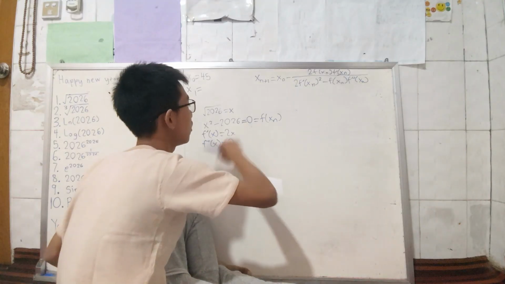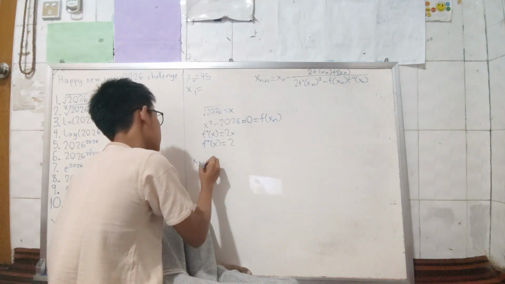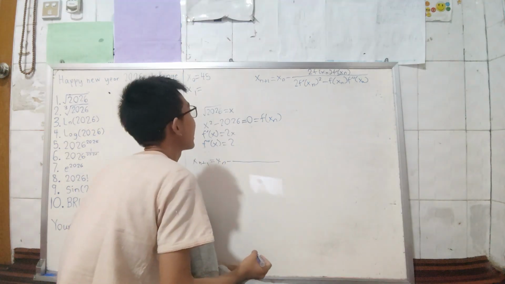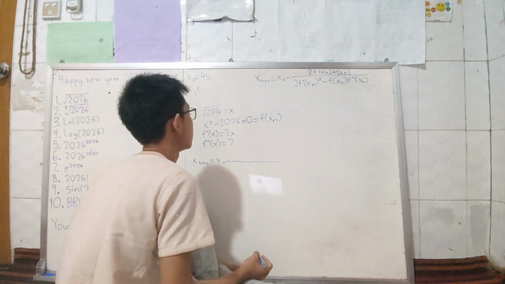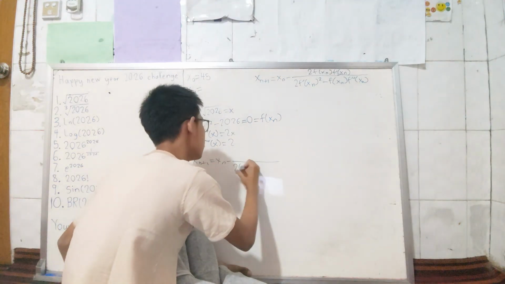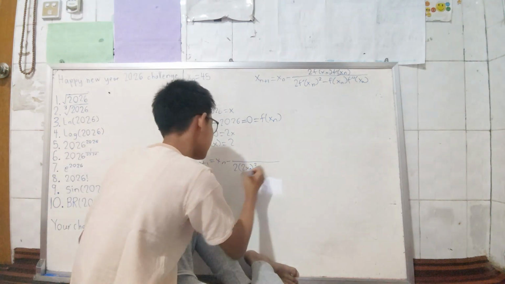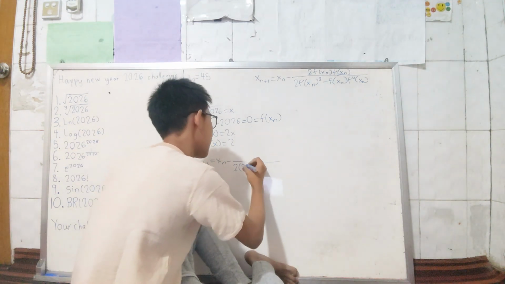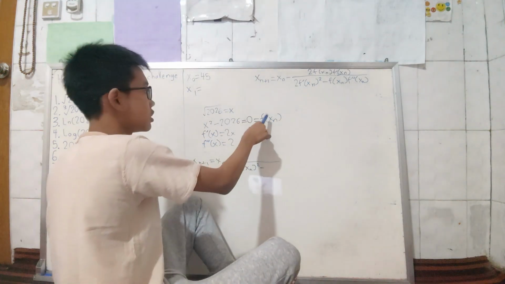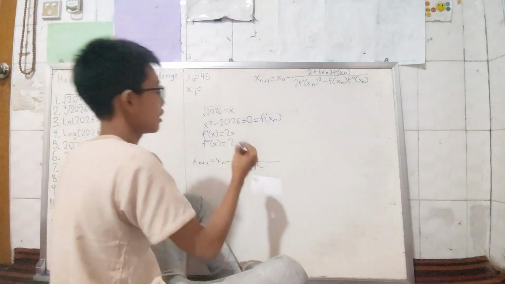So let's plug all of these into the formula. x of n plus 1 is going to be equal to x of n minus a really big fraction. Let's focus on the denominator first. 2 times the derivative squared, so that's 2 times (2x of n) whole squared, minus the function times the second derivative of itself.